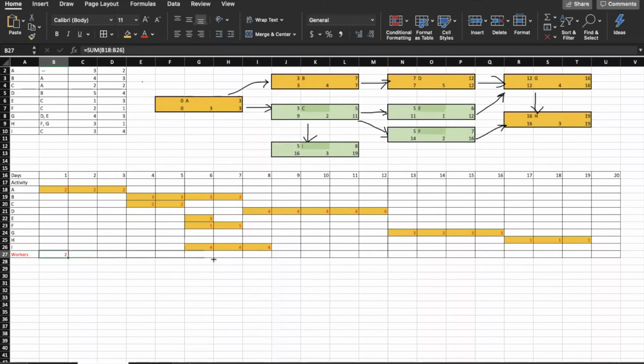So I'm just dragging the formula all the way to day 19. And as you can see, we have the most employees on day 6, and the most number of employees is 11.